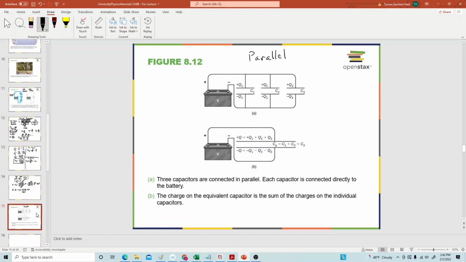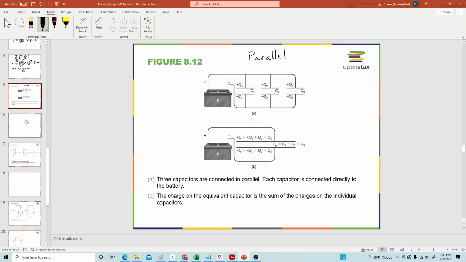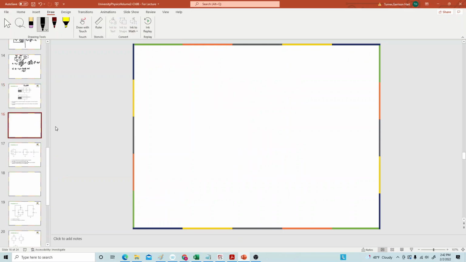So another way of drawing this that might be a little informative would be to look at something like this. So if I have a battery and I have one capacitor, and then I also connect another capacitor to the battery like this. So what's happening is the voltage between these 2 points is the same voltage as the battery.